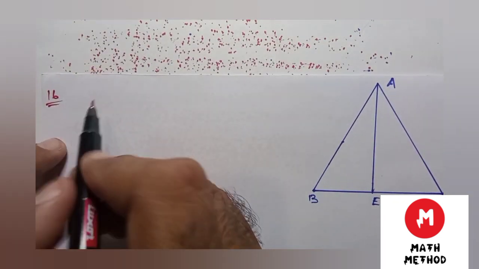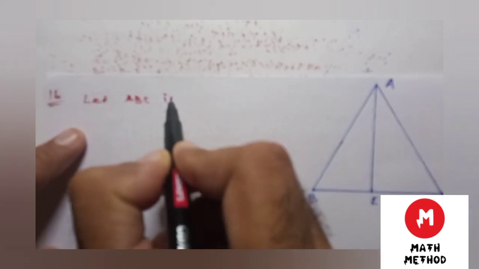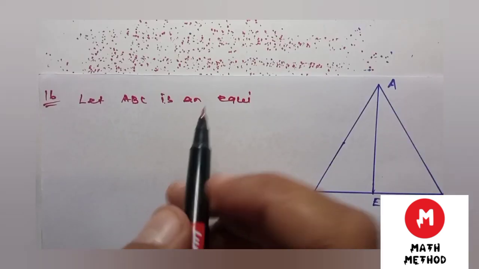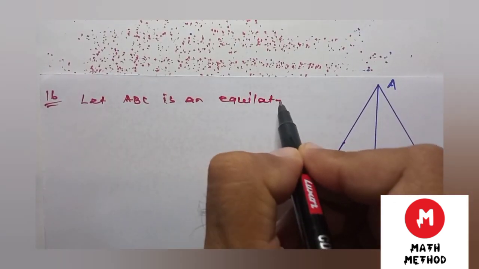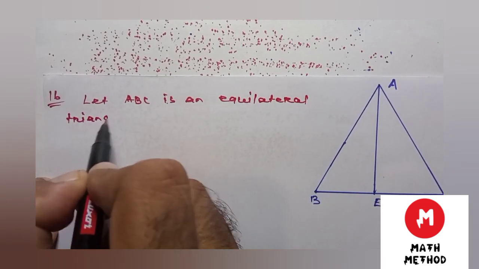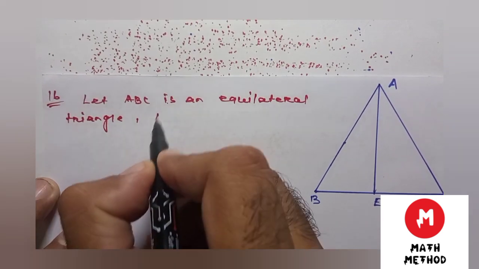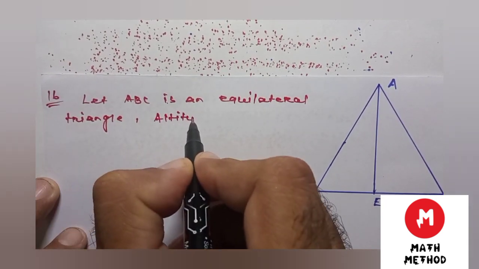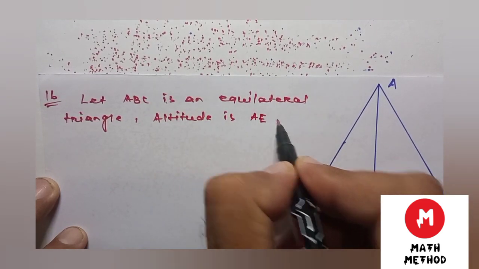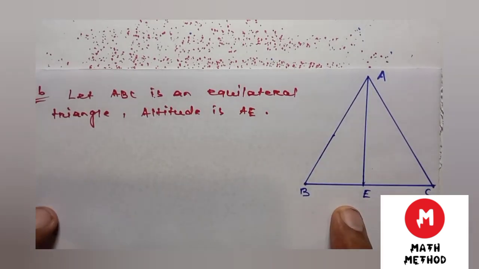Let ABC be an equilateral triangle, and the altitude AE is drawn from A to its opposite side BC.